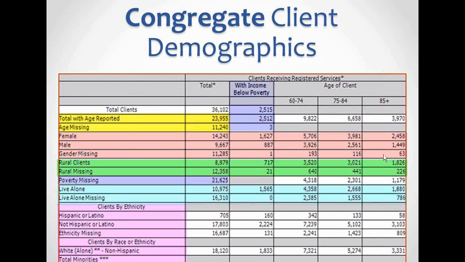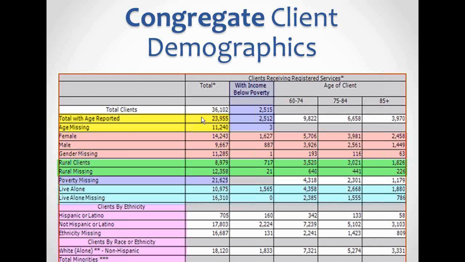So 85 and over, and that's awesome to know that we have congregate patrons who are 85 and over. You'll see that the vast majority are female. There are less males, and then of the 23,955, we don't know what their gender is.